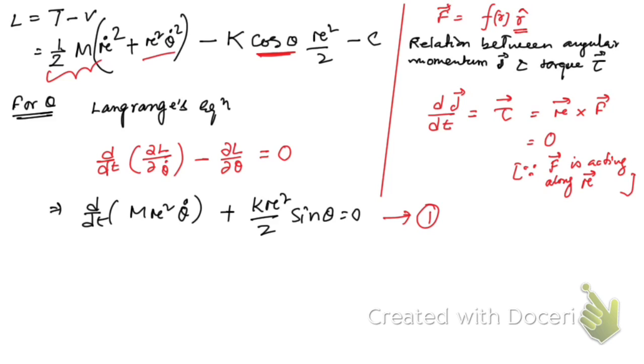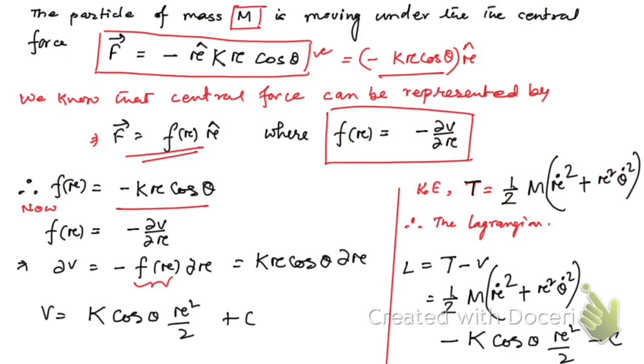If this is equal to 0, the derivative of J is equal to 0, that means the angular momentum must be constant. So this is the answer to the first part of the question.